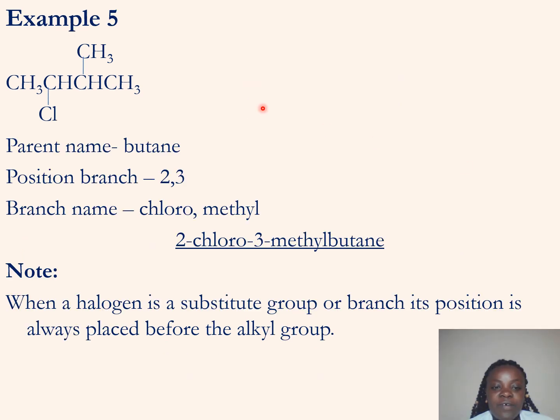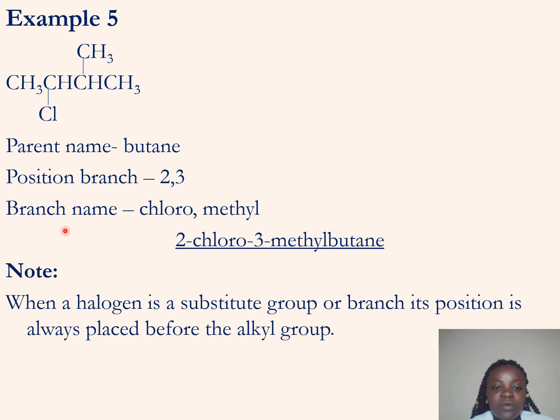We look at example 5. We have an isomer with 1, 2, 3, 4 carbon atoms, making the longest carbon chain. The parent name now will be butane. Then the positions of the branches are at carbon number 2 and at carbon number 3. But now these two branches are different. One is a halogen, the other one is an alkyl group.